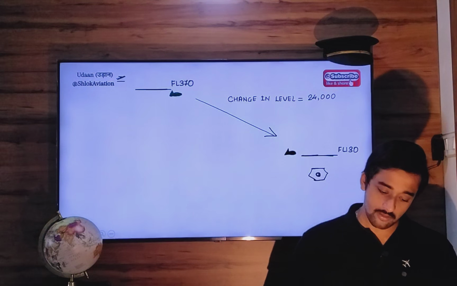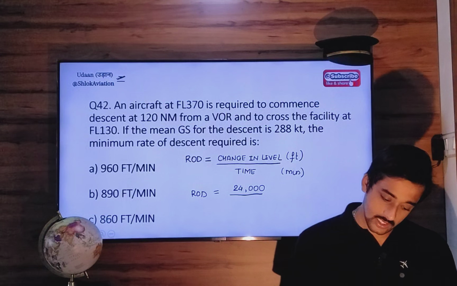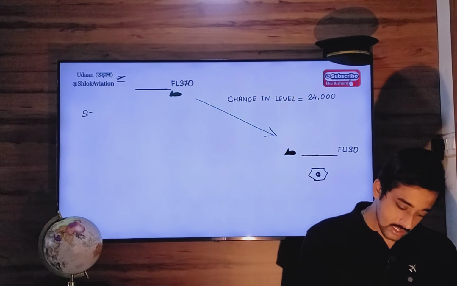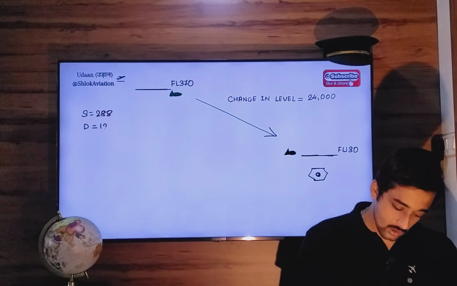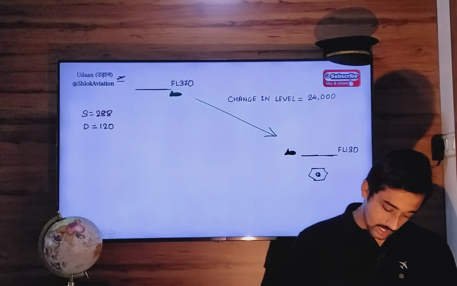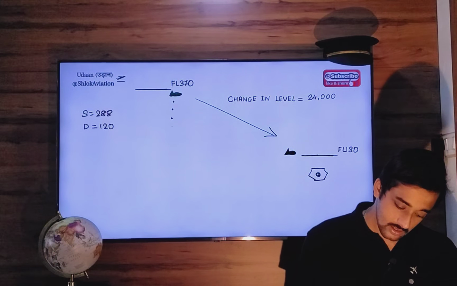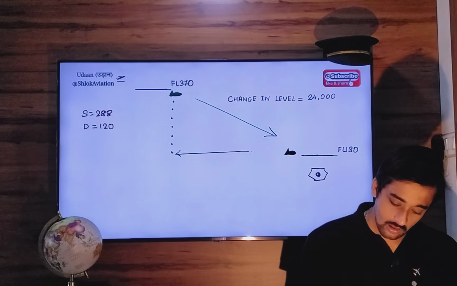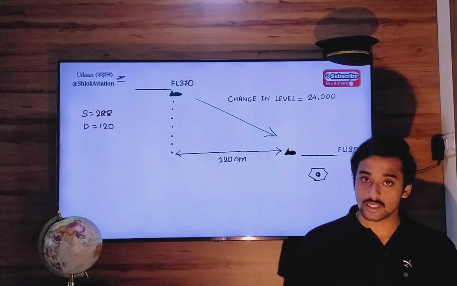Now we do not have time given in the question, but we have been given speed, which is 288 knots. We have also been given distance. What is distance? 120 nautical miles, right? That means this aircraft is 120 nautical miles from this VOR station.